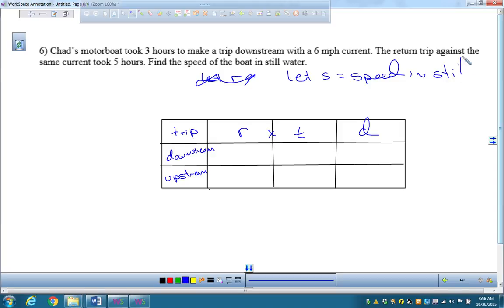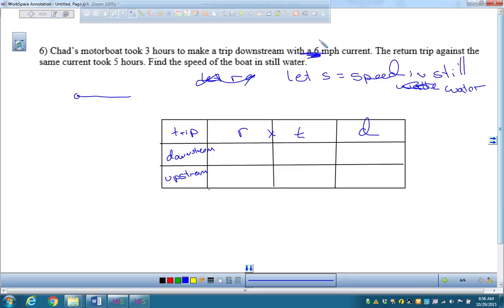Still water. So downstream, we already know what the current is. The idea is that if you're going with the current, you're going this much faster.